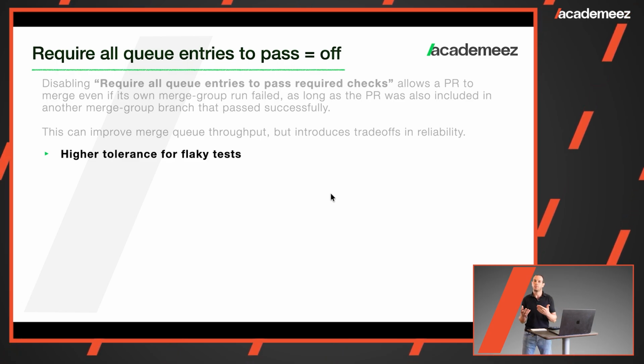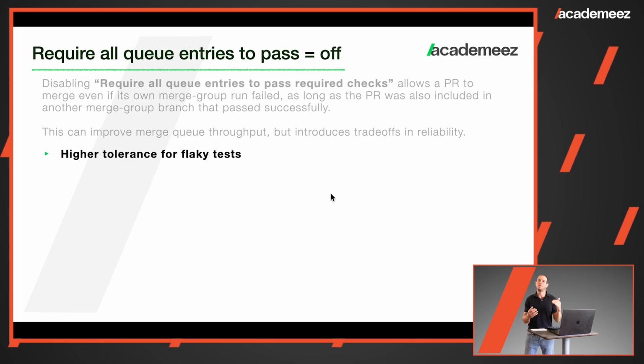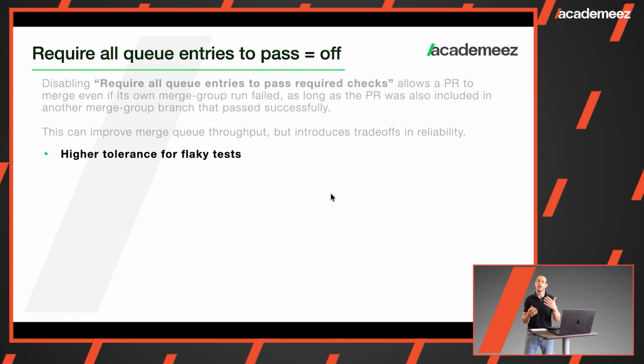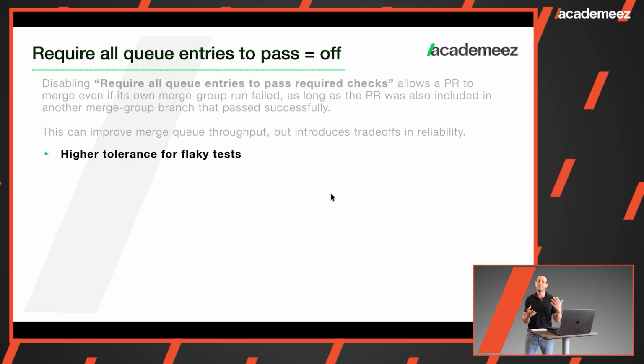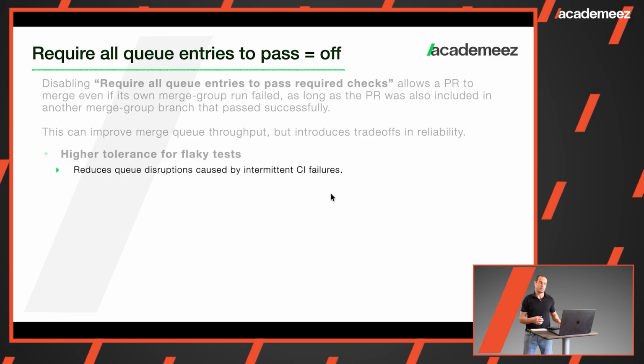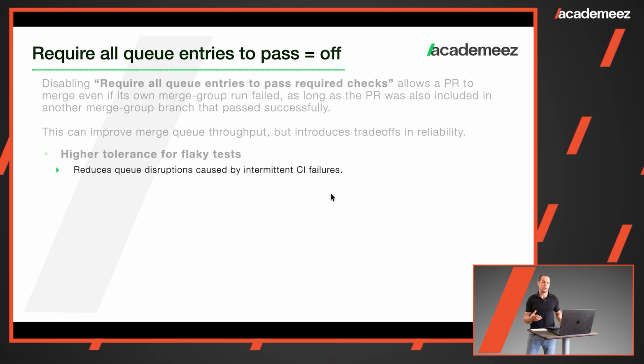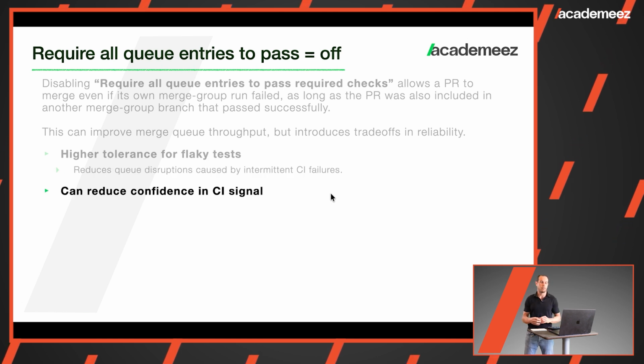So you have higher tolerance of flaky tests because sometimes your PR failed because of a flaky test. So now you say, okay, if this test is flaky, then if this PR passes in another merge group, I'm going to pass it. It increases the tolerance you have for flaky tests. So it reduces queue disruption caused by intermediate CI failures that are caused by those flaky tests.